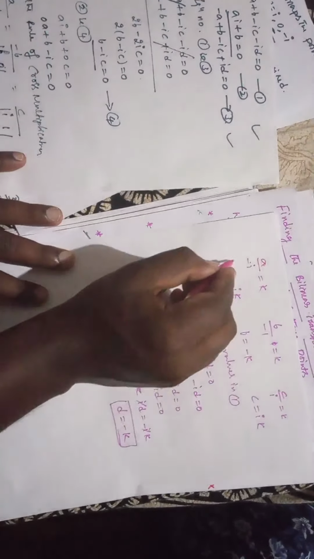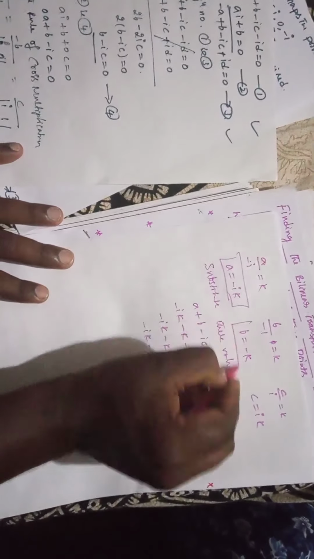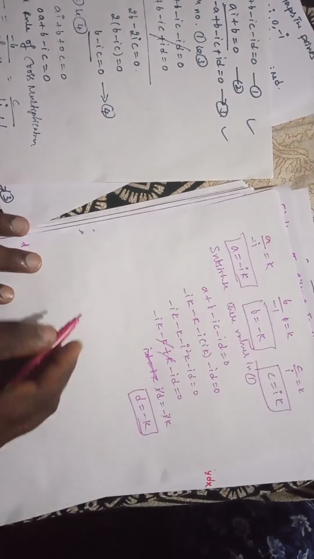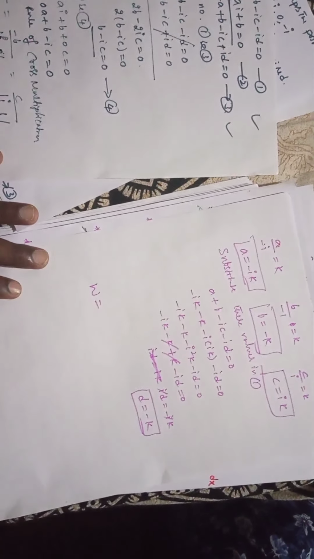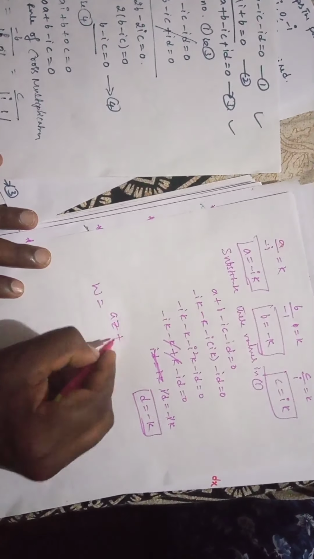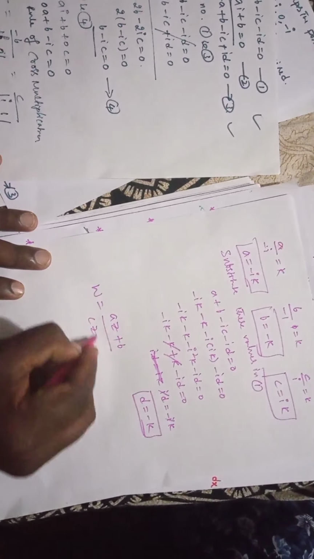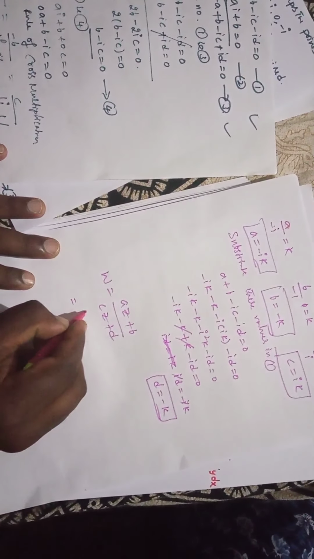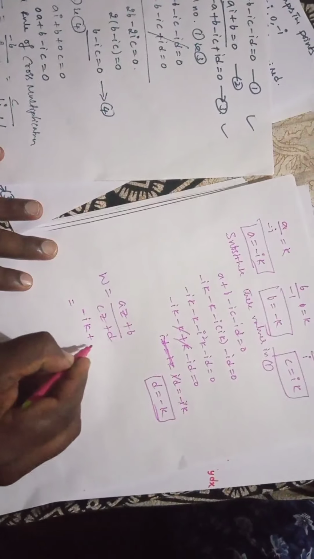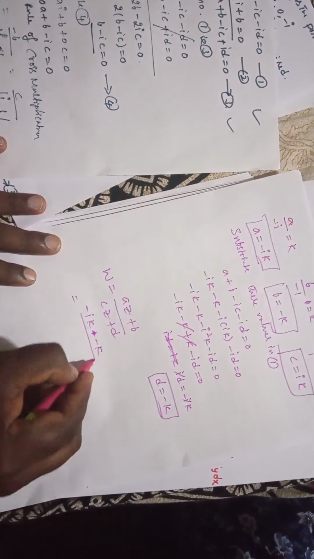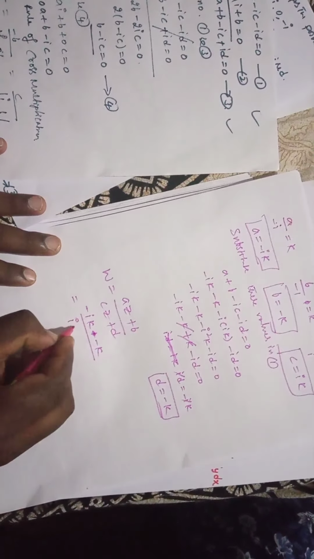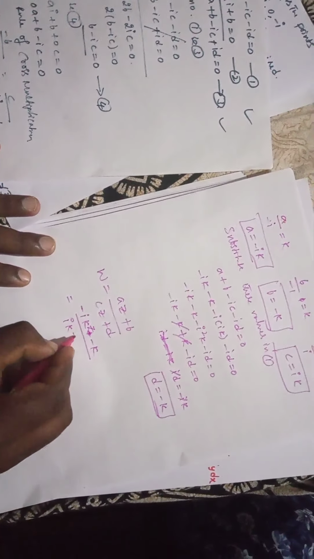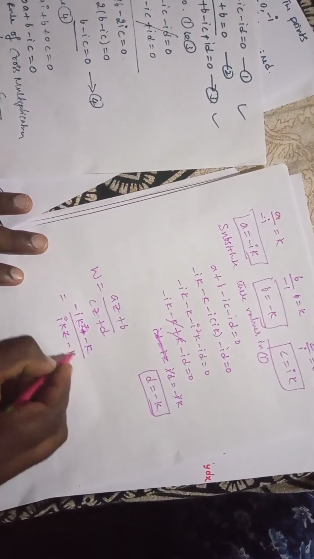These are all the a, b, c, d values. Substitute this in the standard form az plus b by cz plus d. Here a is minus ik, b is minus k, c is ik, d is minus k.